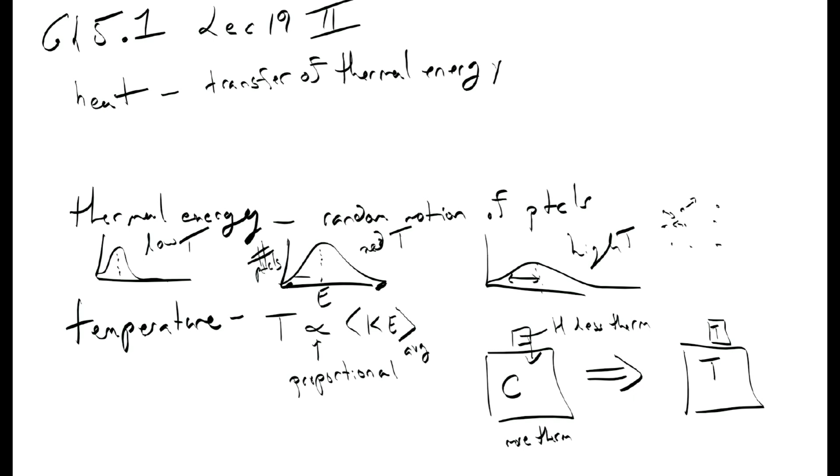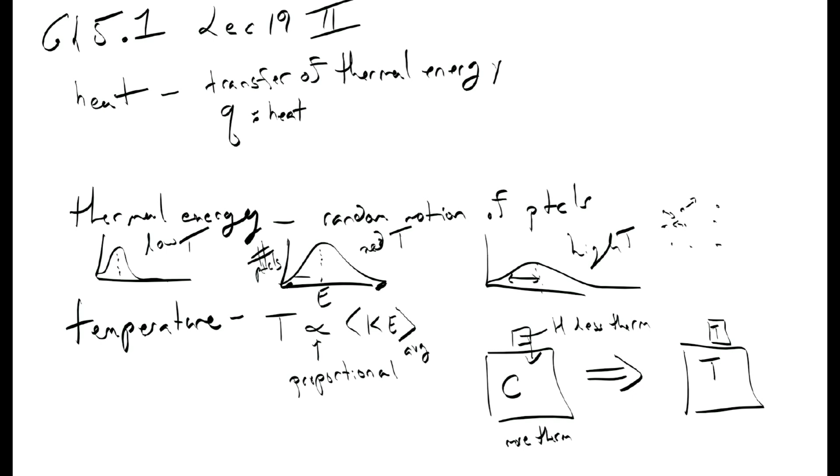And we represent heat by Q. So Q means heat. It can also mean charge, which will occasionally be confusing, but it's just one of the things you're going to have to deal with. There's only so many letters, and we repeated ourselves a couple of times. So Q means heat. And heat is the transfer of thermal energy from one place to another.